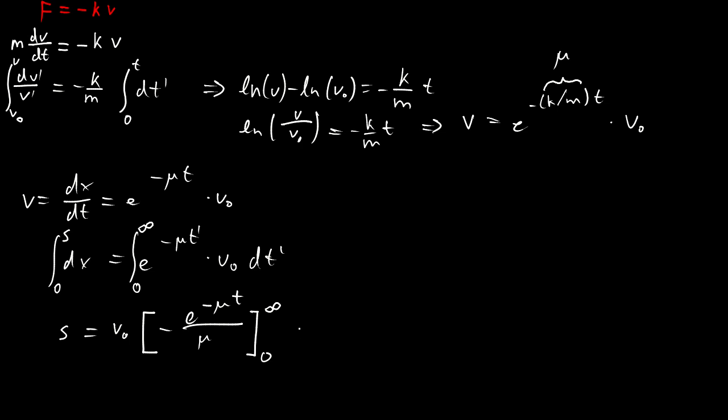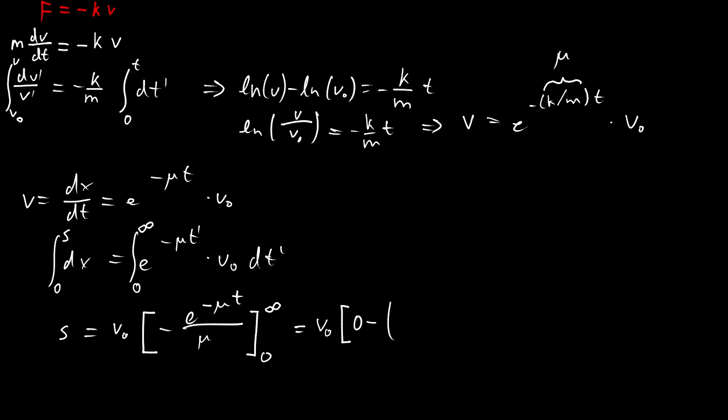Okay, and that's going to equal, well, we just plug in infinity here, and e to the minus mu times infinity is e to the minus infinity, and that is going to be 0. And if this is 0, then the whole expression here becomes 0. So we've got v0 times 0, and then minus, well, what have we got when we plug in 0?